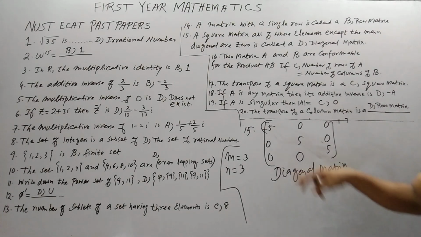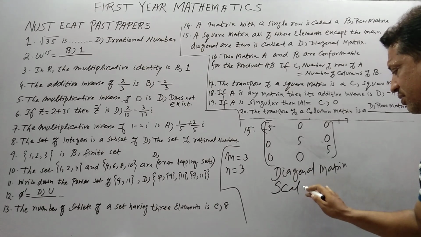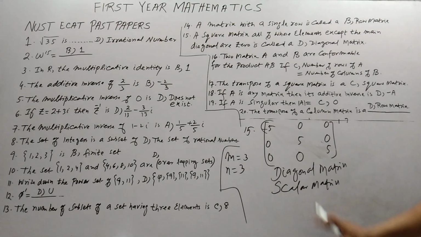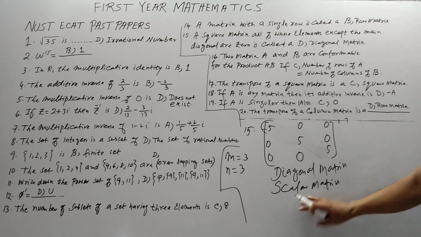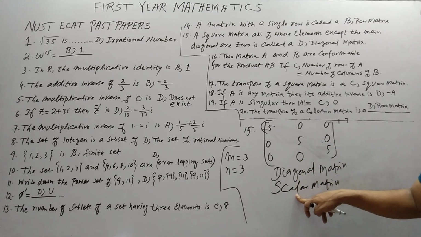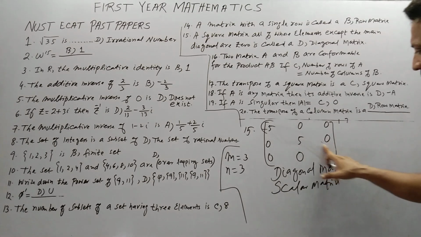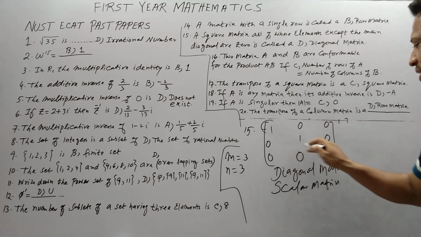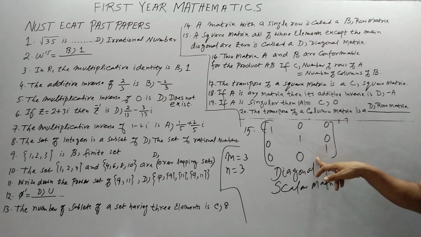But if this is a scalar matrix, yes. Why? Because the scalar matrix is also a diagonal matrix, but in the diagonal of a scalar matrix all elements are the same: 5, 5, 5, or 3, 3, 3, or 2, 2, 2. Now if I change this diagonal 5, 5, 5 to 1, 1, 1, now I am asking you, is this a diagonal matrix?